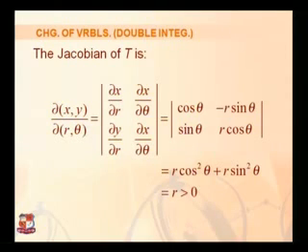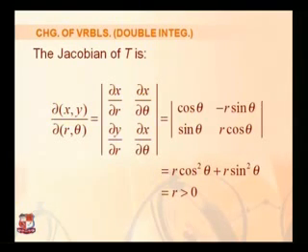The Jacobian of the transformation from xy to r and theta is del xy by del r theta, which in determinant form is del x by del r, del x by del theta, del y by del r, del y by del theta. Sorry, there is a print mistake. So del x by del r is cos theta, then minus r sin theta, then sin theta, r cos theta. So this will be r.